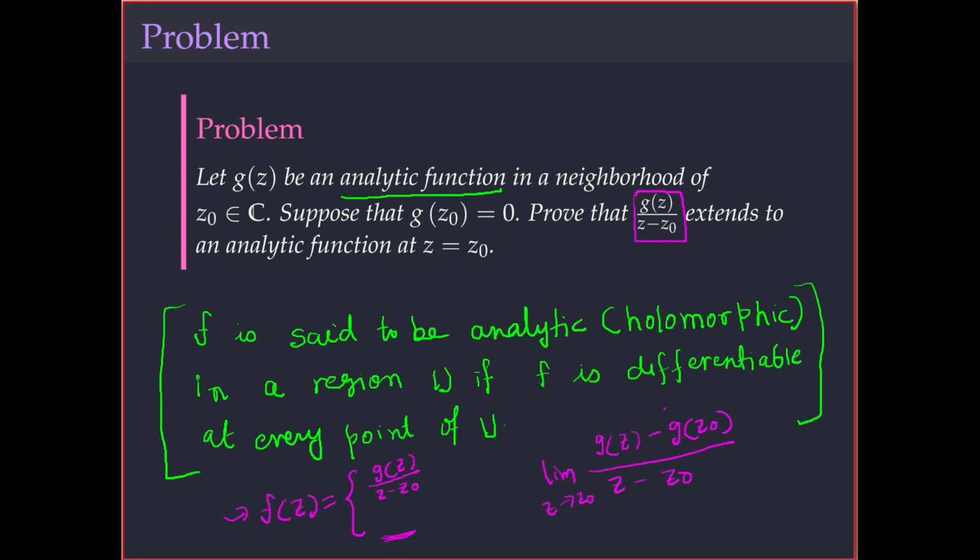Note that the numerator g(z0) is nothing but 0, so this is the same as the derivative, and this is nothing but g prime of z0. So it suggests that I should take g prime of z0, so that the function is continuous first of all. Let's try with this and see whether f is analytic or not.